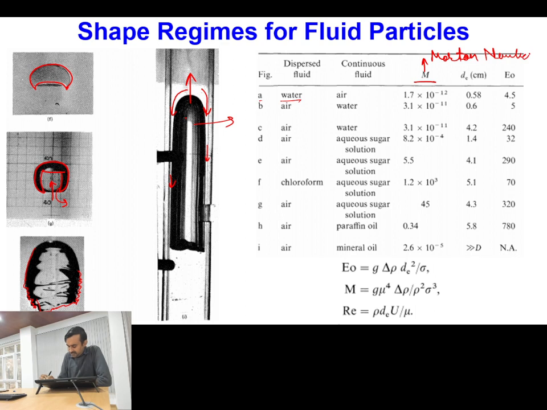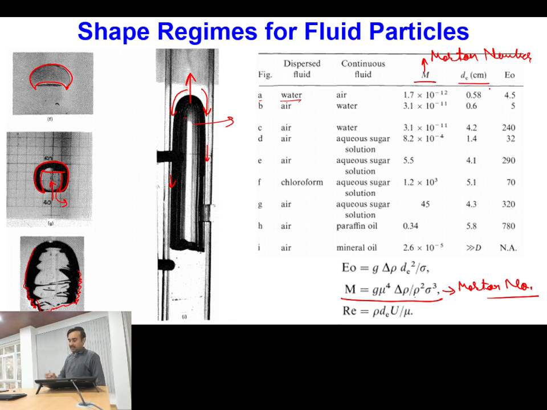Its definition is given here: Morton number is g mu^4 delta rho divided by rho^2 sigma^3. This dimensionless quantity is called the Morton number. These are the different values of the Morton number, and this is the equivalent diameter in centimeters.